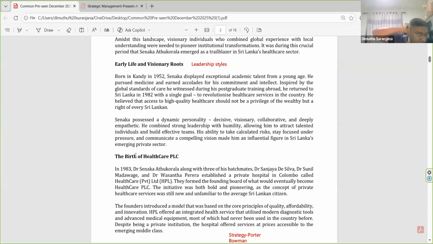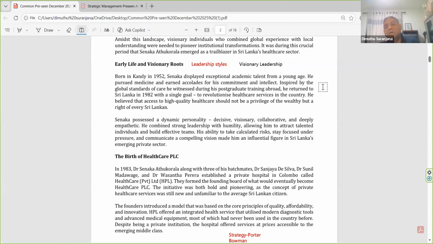If you look at the information given regarding Senaka, this information shows his leadership style. One can argue he's a visionary leader. So that is one of the things you can highlight when you look at the given scenario, visionary leadership.